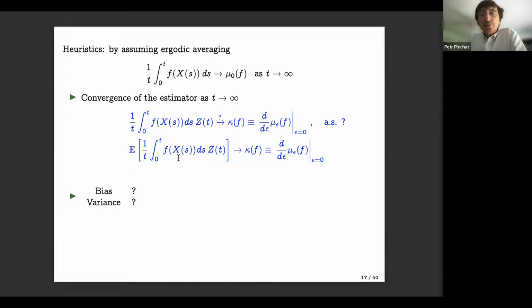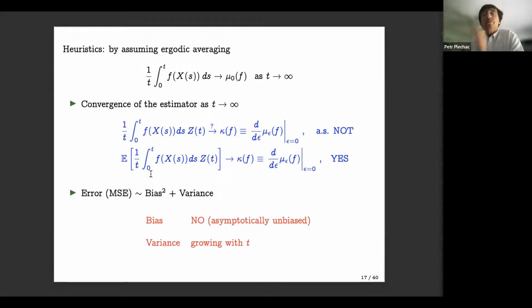First, we are approximating the correct value, but the convergence of this process as t goes to infinity is not almost sure, but we have a convergence in expectation.